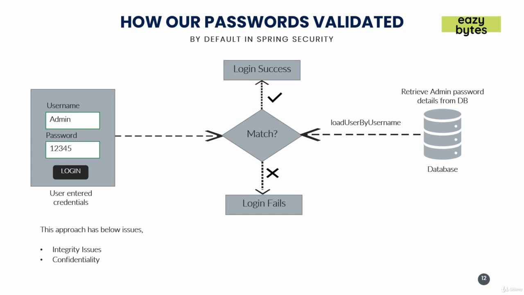One is integrity issues, where your database administrators can look into the passwords, and the other is confidentiality. Your application is not maintaining confidentiality, and it is taking the password in plain text and communicating over the network using plain text. If someone tries to intercept my request, they can see my password without any effort.